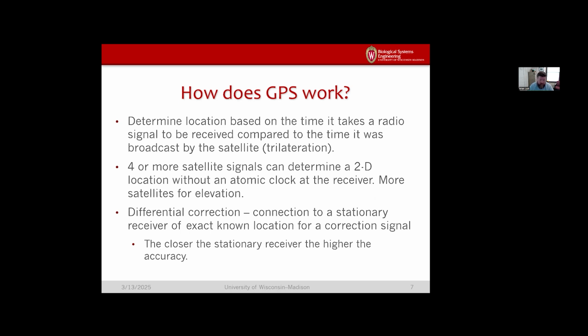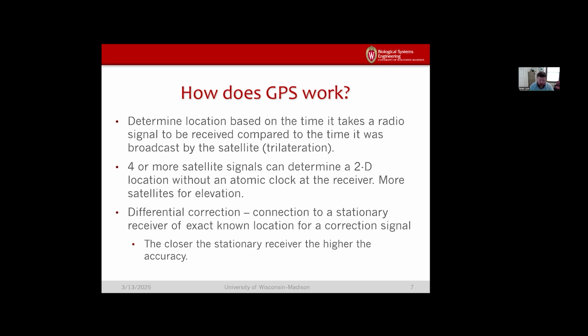And then basically we add more satellite connections than that, and we can get elevation as well. So the long and the short of that conversation is the more satellites we can see with our GPS receiver, the better off we are as far as figuring out the accuracy of where we're at.